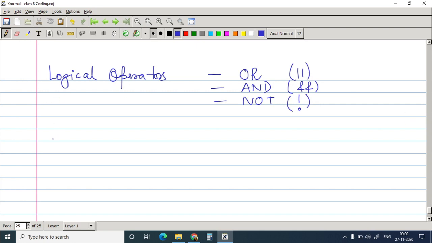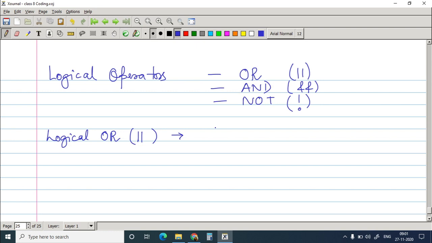So let us do the logical OR first. How do you write it? You have two conditions and you compare them. Logical operators are basically to compare two relational operators.